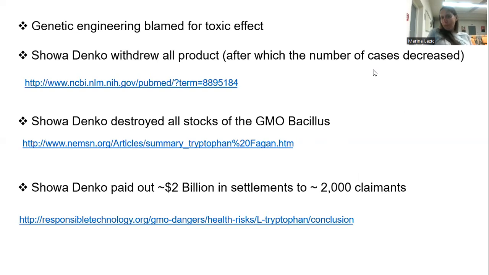All the company could do was withdraw the product. After they withdrew it, the number of cases decreased, unsurprisingly. Showa Denko destroyed all GMO strains, all the Bacillus organisms they made, but they had to pay out a lot of money to more than 2,000 claimants.